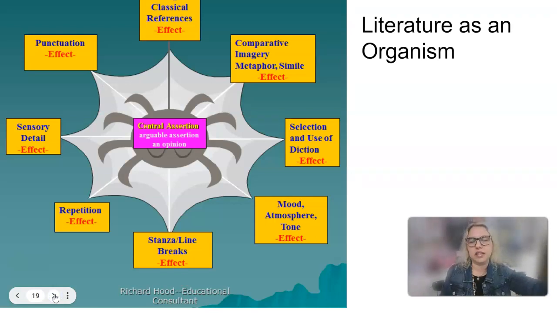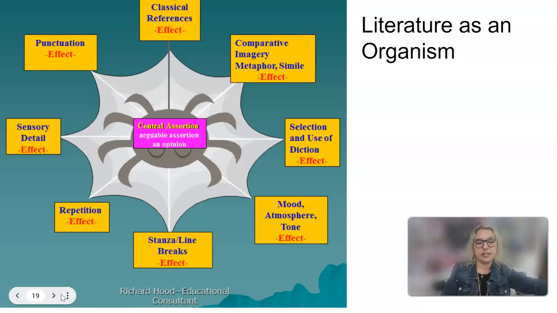Here's the first one. This analogy is comparing the literary text to an organism, all right? So the words, the images, and how the sentences and lines in poetry are structured are like organisms that interact with each other, building on each other to create an organic unity.